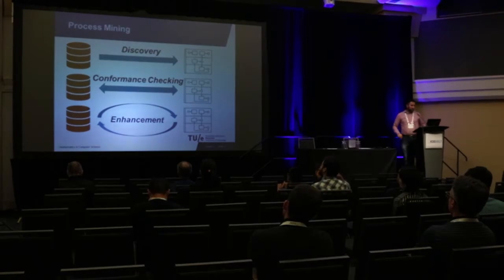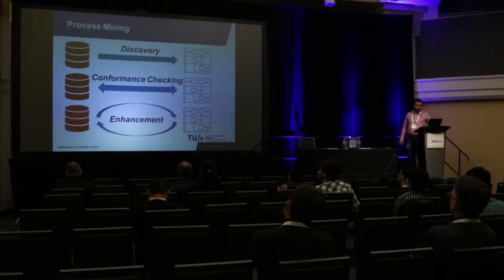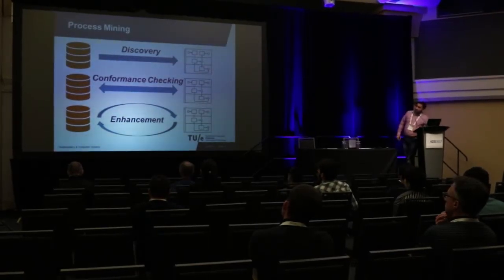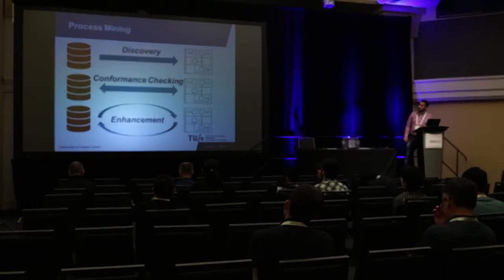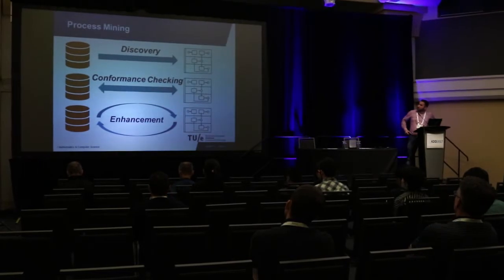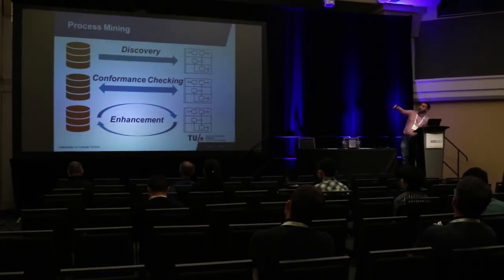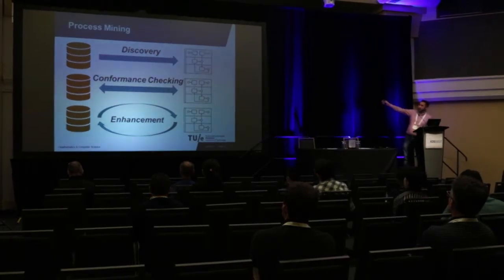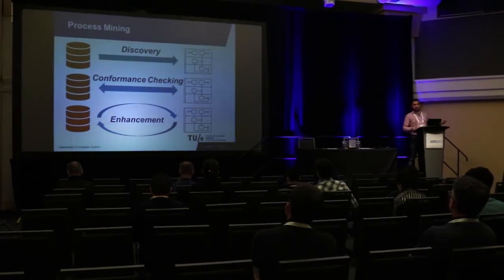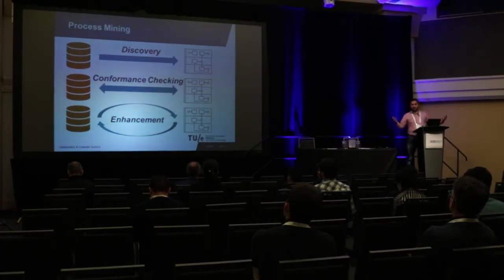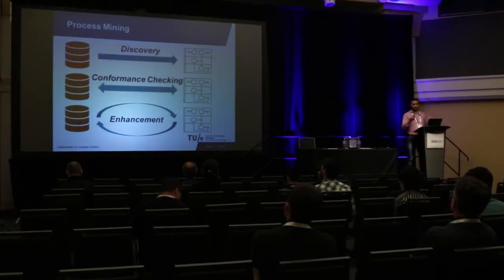So those are the three main tasks of process mining, and all of them contain the first citizens in the field, the log file on the left-hand side and the process model on the right-hand side. In the first task, we try to extract some knowledge from the log file in order to design some model that is reflecting all of these concurrencies in a very compact way.